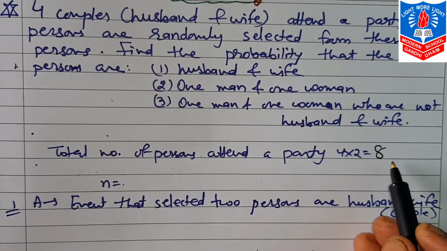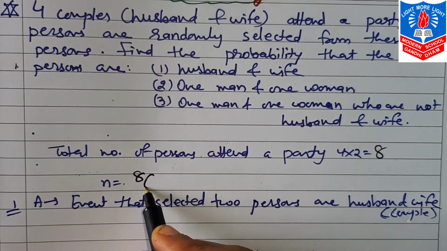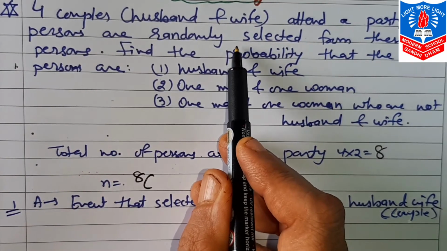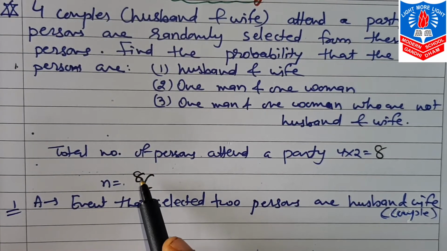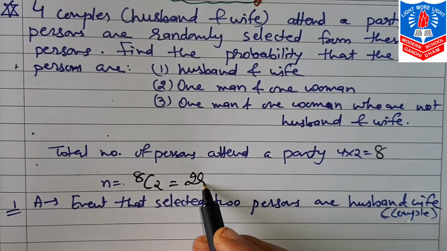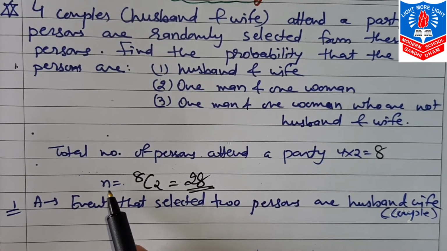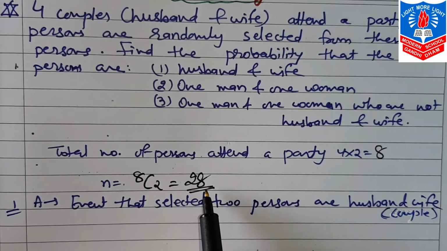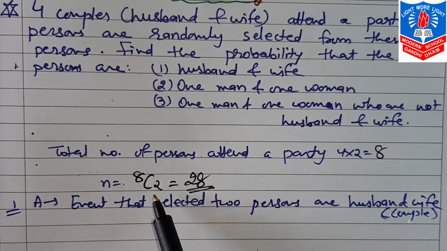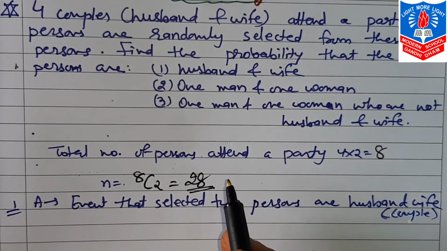Now from these 8, it is given that 2 persons are randomly selected. So n will be 8C2, which is 28. Your sample space n, the total sample points, will be 28, because from 8 we are supposed to select 2. So 28 will be the value of n for all these 3 questions.